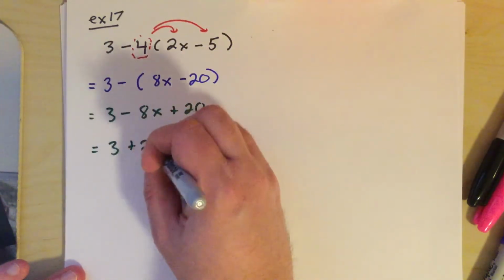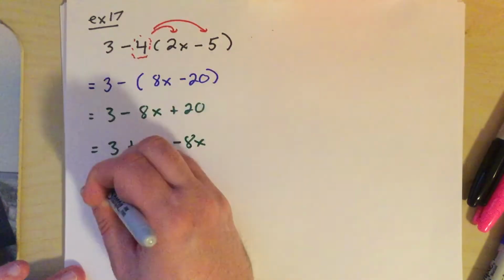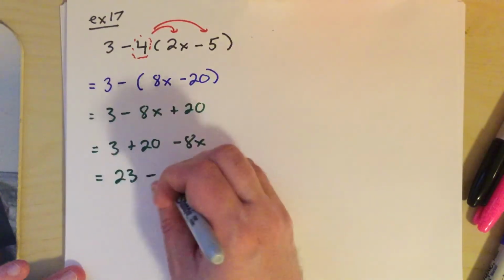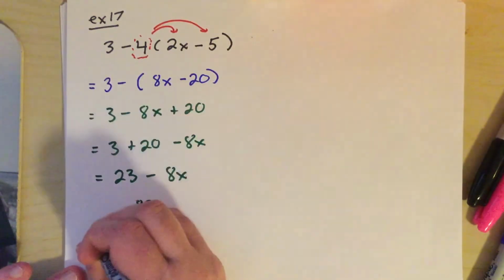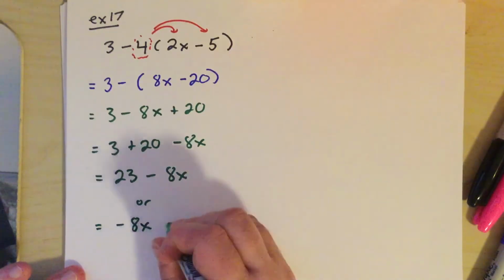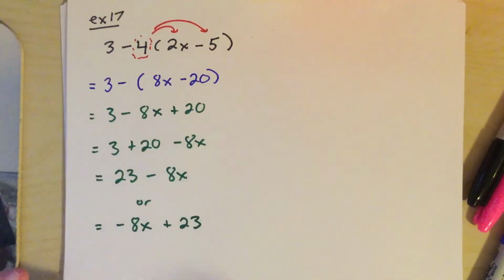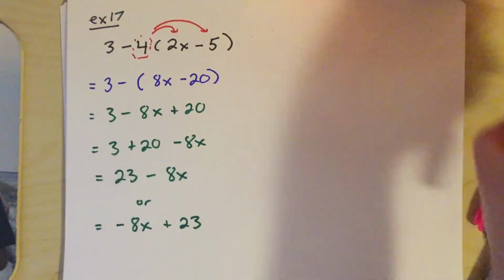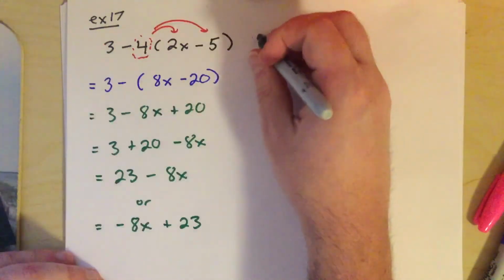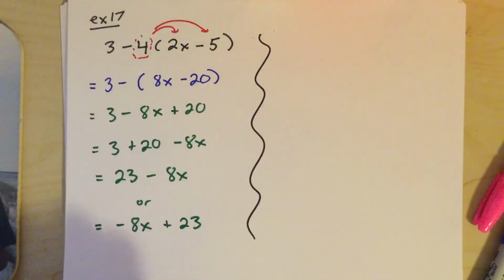We move things around, and we get 23 minus 8x, or we could have written this as minus 8x plus 23. So that's one way of doing it. Probably the way I would do it.